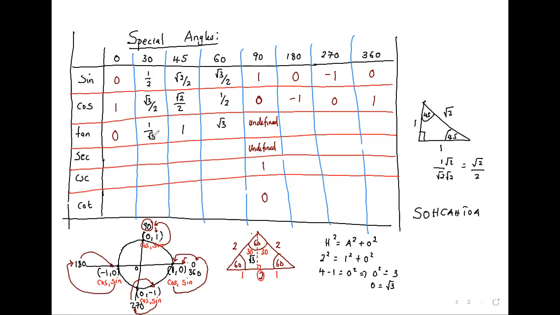The same SOHCAHTOA can also be written, except for the tan. So when I write it like this, I want to mean when you come for cosec, when you come for sec, and when you come for cot, those will switch.